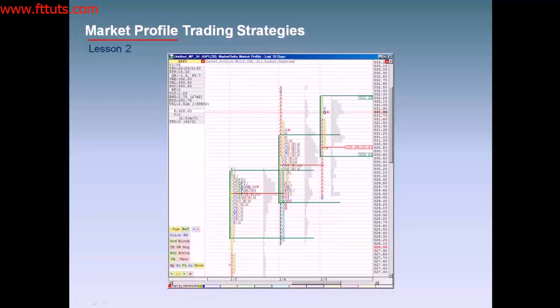And once again, the software will highlight all these POCs for you. Okay? And the easy question I'm going to ask is, which is the most prominent POC on this chart in terms of the red lines? And of course, it is this one because it has the most prints. Why is this significant? To be continued. I will tell you in future classes.